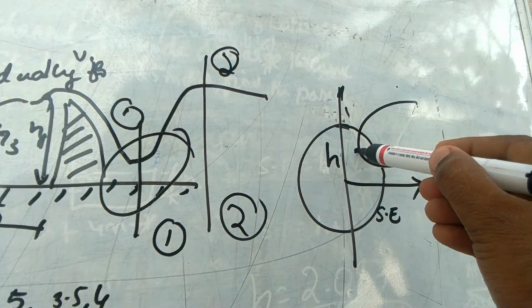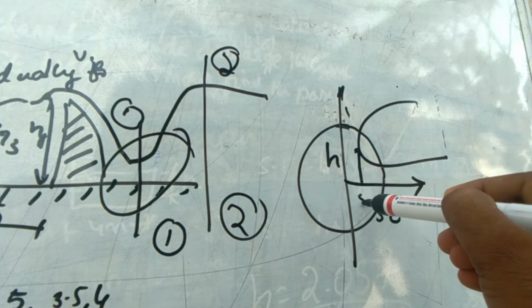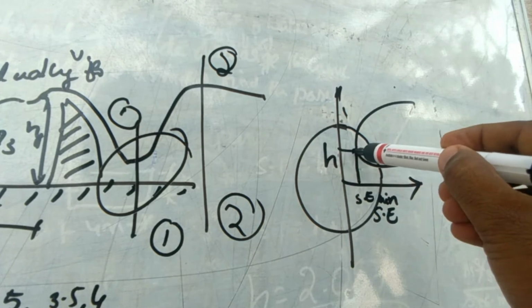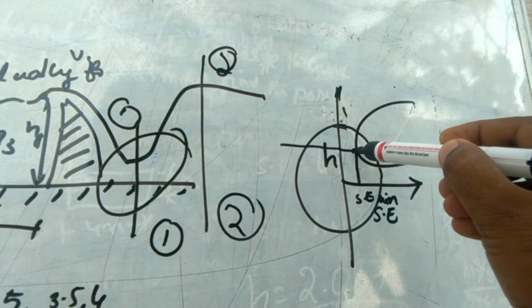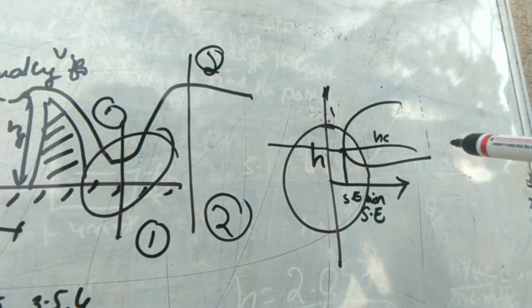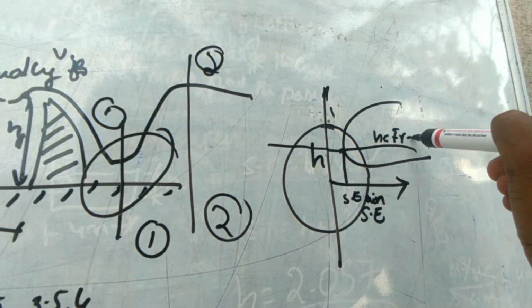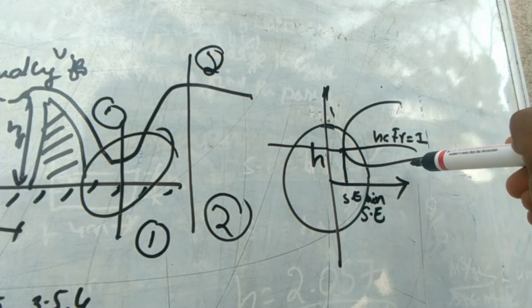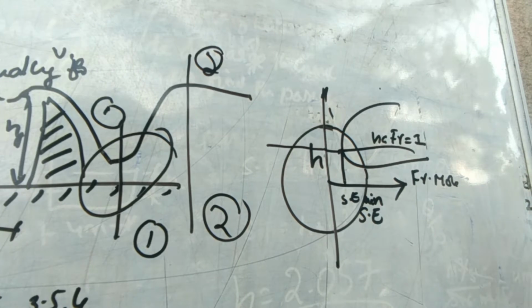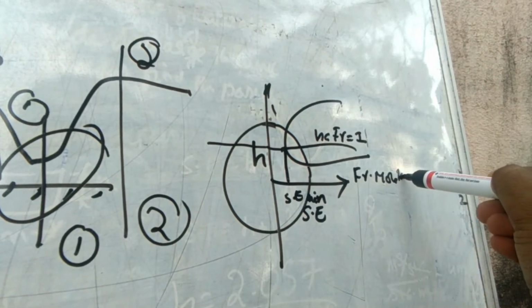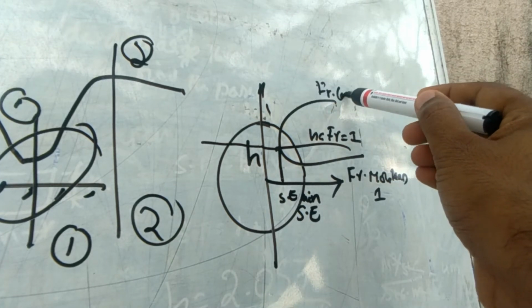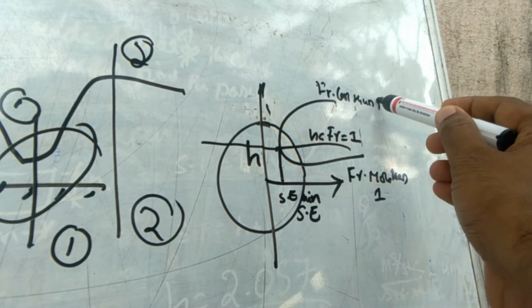Here the specific energy is minimum, and here we call it the critical velocity, HC, critical height. Here the Froude number is equal to 1, here the Froude number is more than 1, and here the Froude number is less than 1.